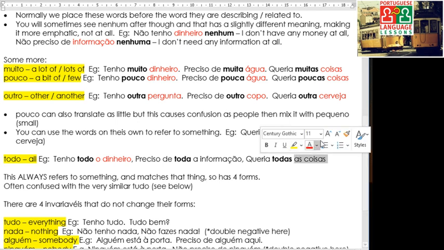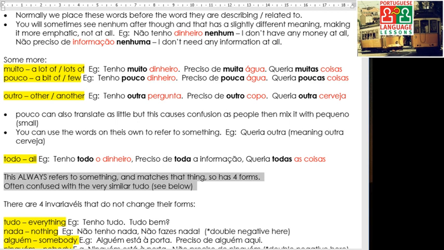Okay, so this goes together nicely. Todo always refers to something, and it always matches that thing. So it has 4 different forms. Todo, toda, todos, todas, talking specifically about things.